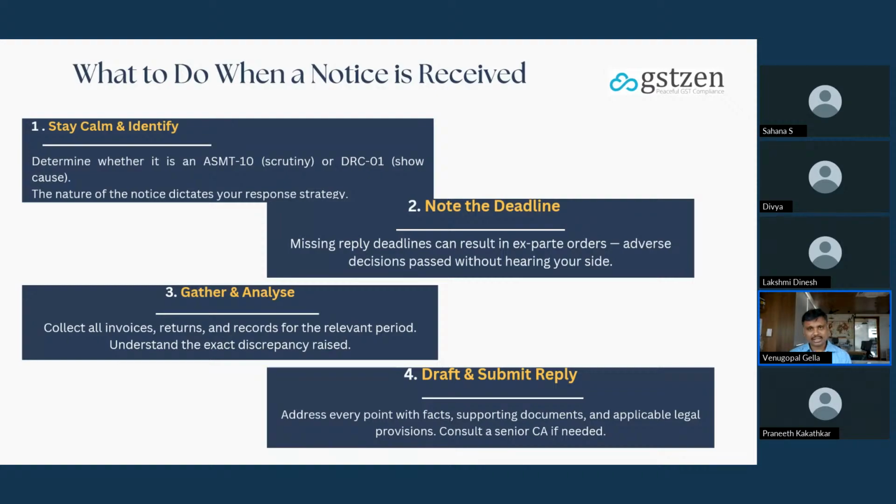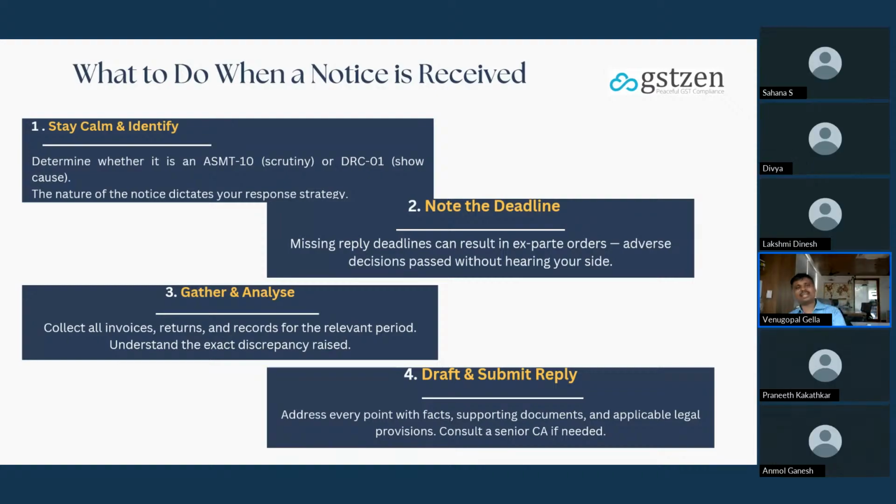Then the next thing that you have to do is determine by when you should reply. There are always 3 dates. First, the date on which the notice has been drafted. Second, the date on which the notice has been served. Last, when did you receive the communication? Now, they would have posted on 3rd April, but you have received it only on 7th April.